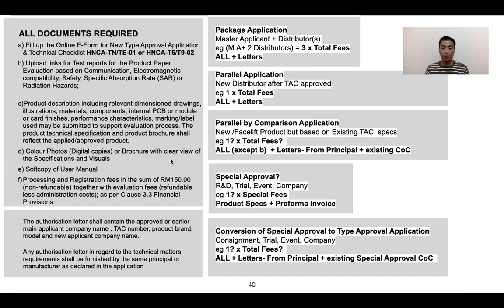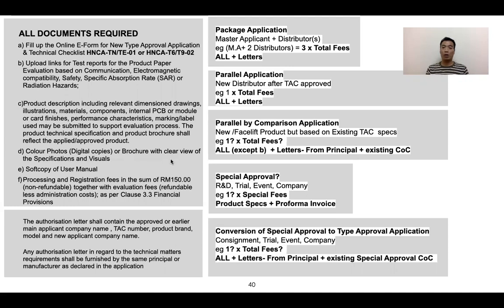And while processing or reviewing your application, if you find that the products do not comply with the HNCA requirements, we'll inform you what the non-compliance is. If you want to still continue with it, make sure you get us the necessary documents, especially the test reports, which are complying.